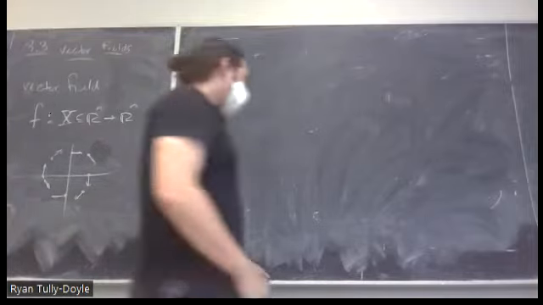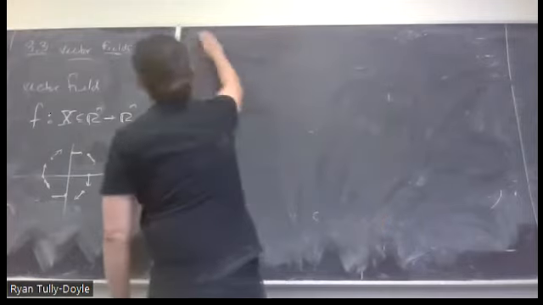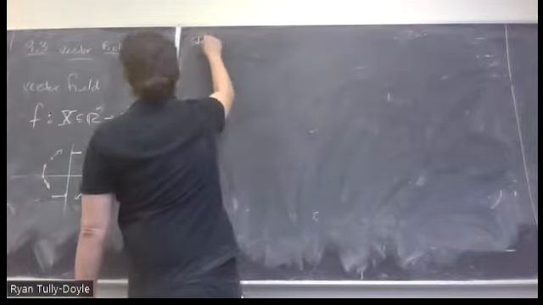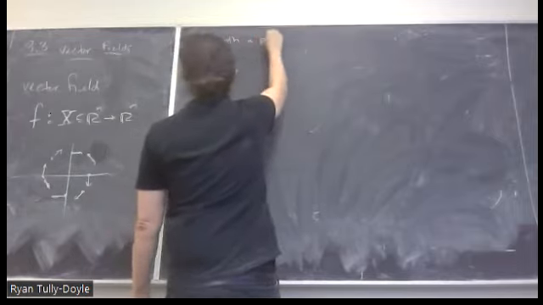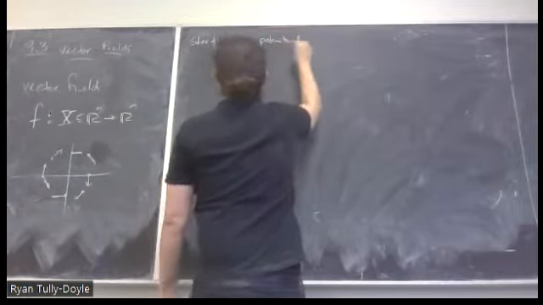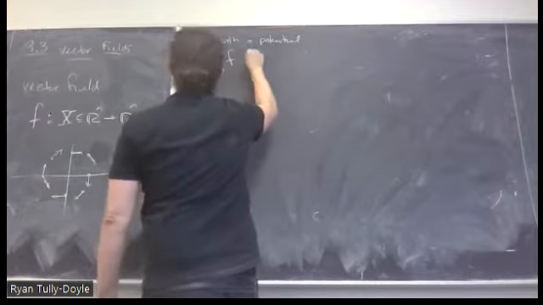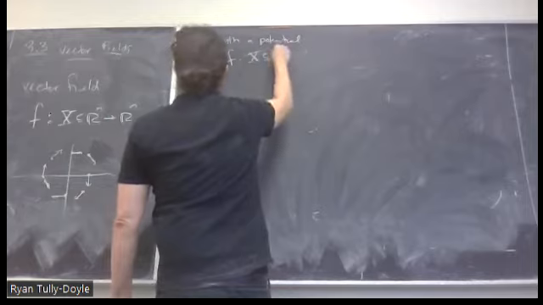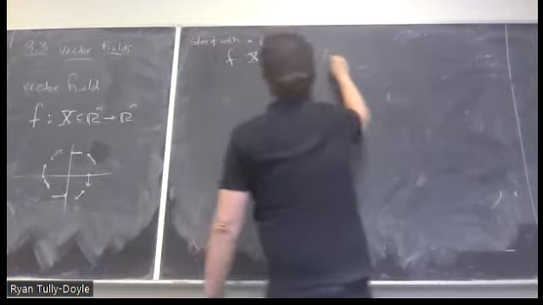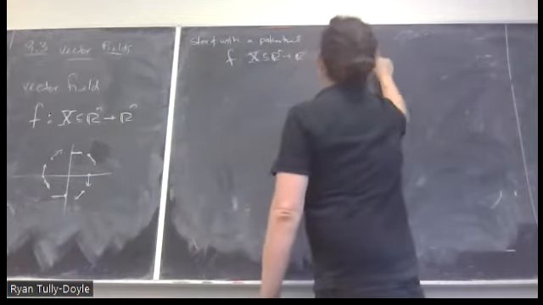And the easiest way to get a vector field is you start with what's called a potential function, f, which takes, say, Rn into R. So this is called a scalar field.